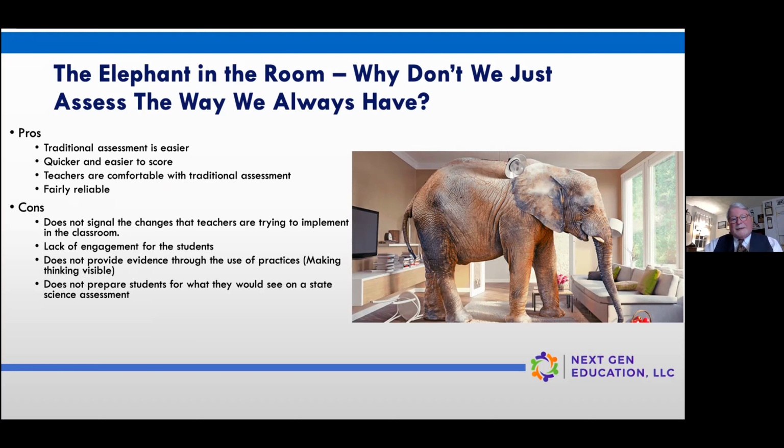But here's the cons. What we're really trying to do is shifting, and I have to give credit to so many teachers out there. You have all been not only heroic during this past year and a half, almost 2 years, but also so professional, because you are trying to make science real for students.